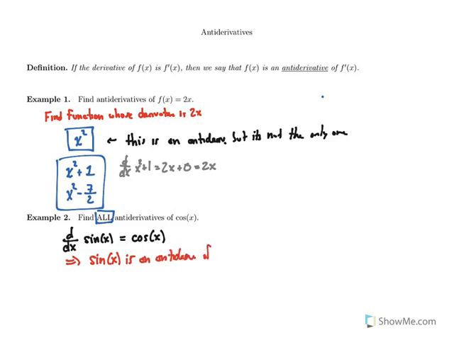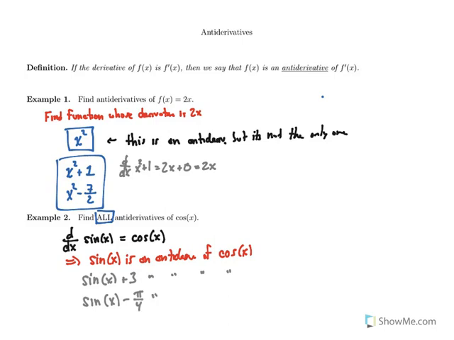We're using derivative rules to find antiderivatives. So this also means that sine of x plus 3 is an antiderivative of cosine, because the derivative of sine of x plus 3 is also cosine. And we could say, what about sine of x minus pi over 4?